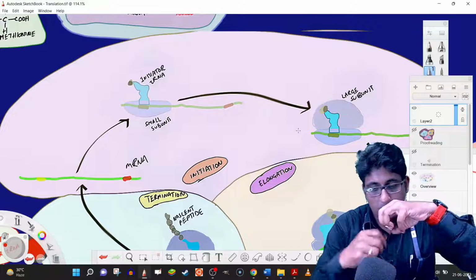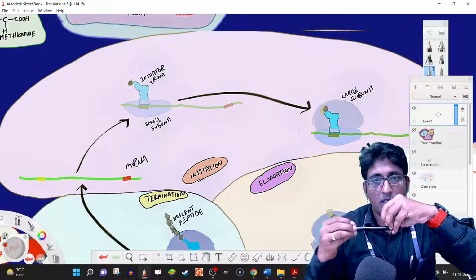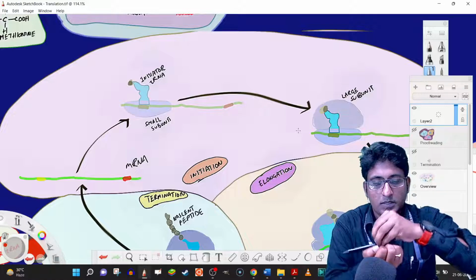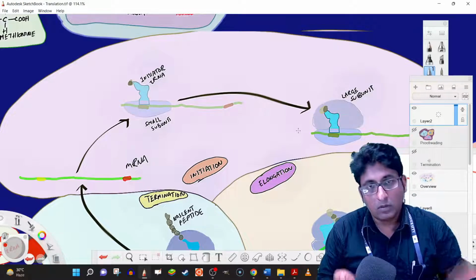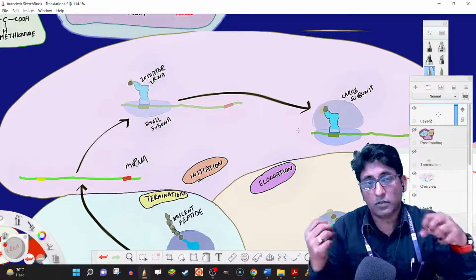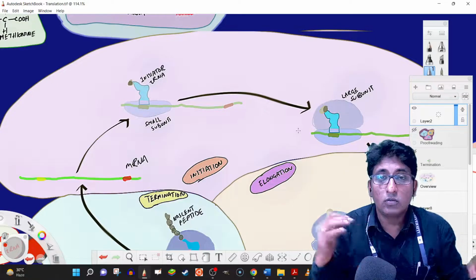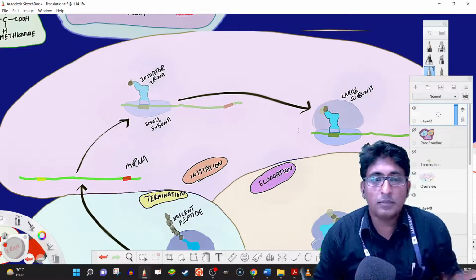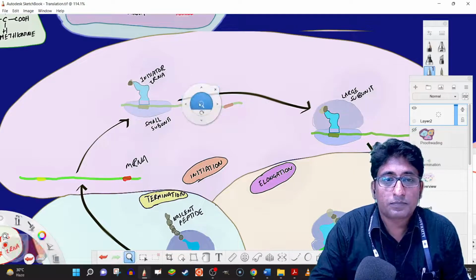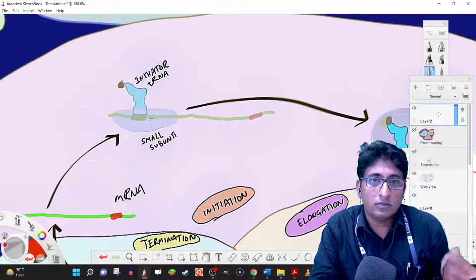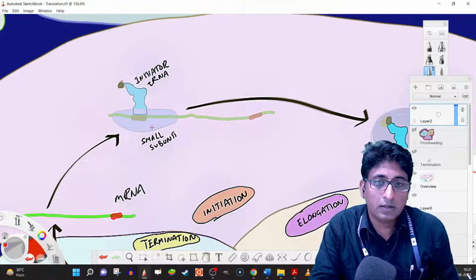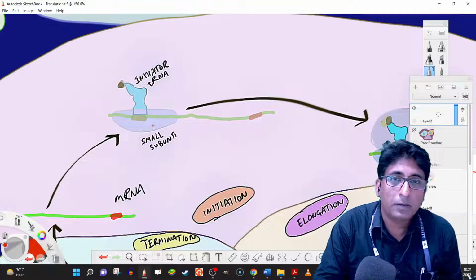The mRNA has to go inside the ribosome like this. So we cannot have the whole ribosome like this and then put the mRNA through it. So what happens is that the small subunit is the one that is critical for identifying the mRNA.